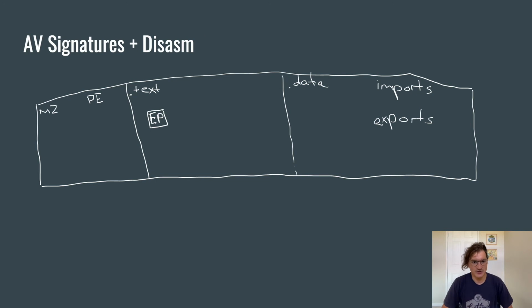Another approach for signature development would be based on anchoring around the code, not around a PE structure. The engine would start searching from the entry point, and let's say it searches the first n bytes around the entry point. It could be before the entry point and after the entry point.